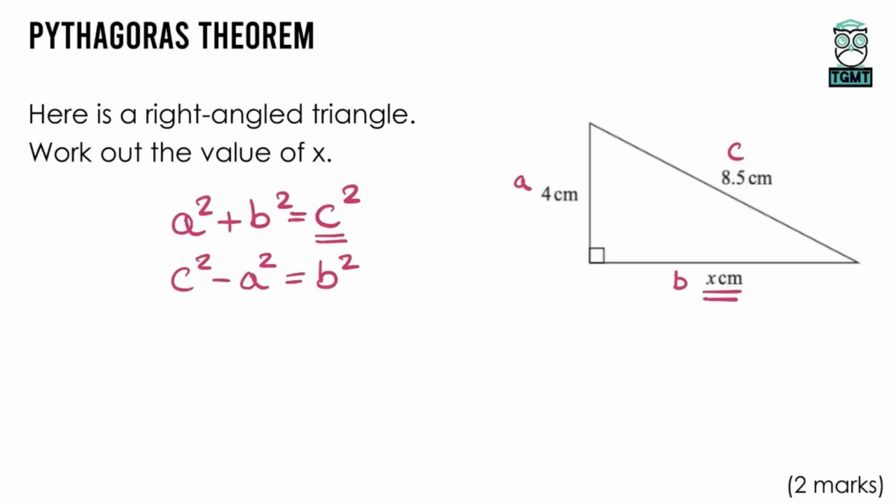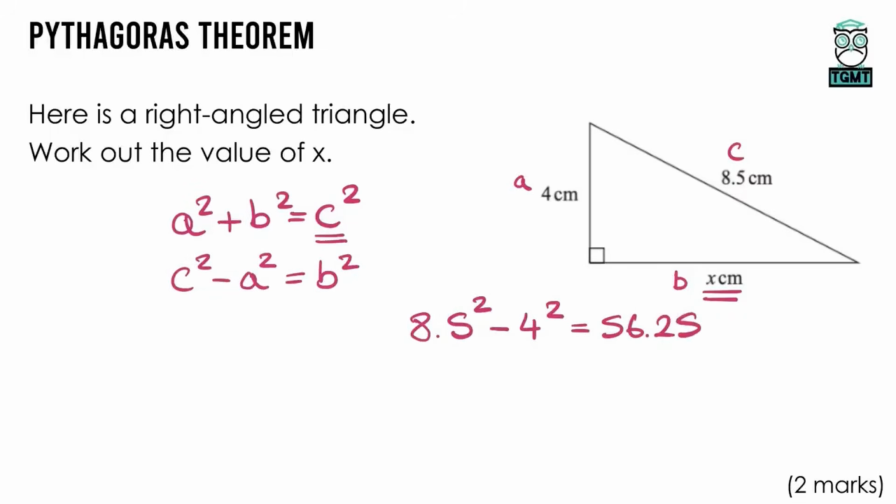So for this one we would do 8.5 squared take away 4 squared. That's going to be equal to the answer that we're looking for, but the answer squared. So if we type that into a calculator, 8.5 squared take away 4 squared, it gives us the answer 56.25.